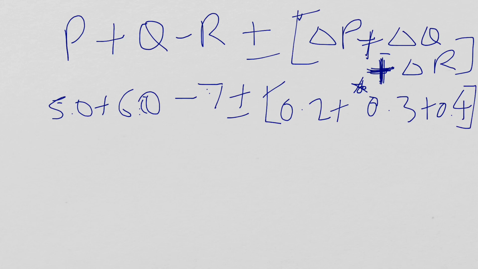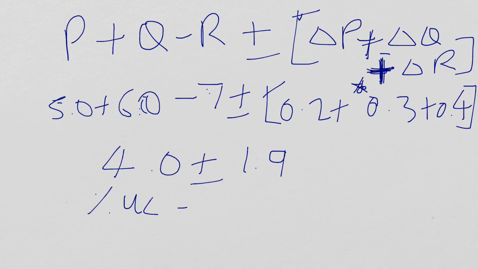Now let's solve this equation. 11 minus 7 comes to 4, so 4.0, plus or minus 0.2 plus 0.3 plus 0.4, which comes to 0.9. So 4.0 plus or minus 0.9. Now we will find the percentage uncertainty.